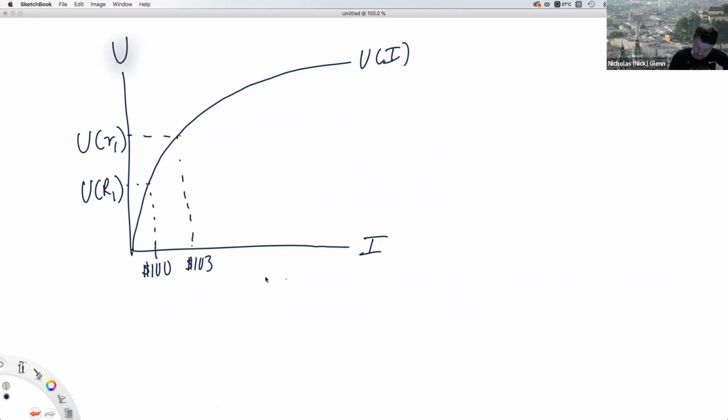All right, now what about if they use the bank and they withdraw after 2 time periods? They'll receive $106.70. So this is the utility they get from little R2.